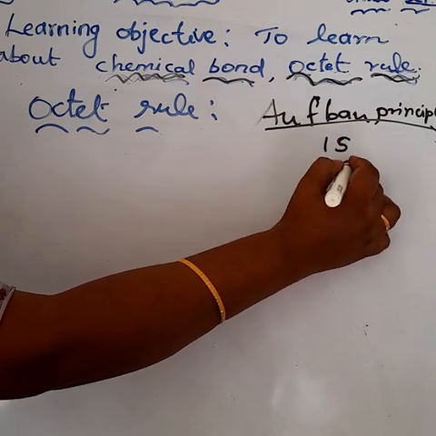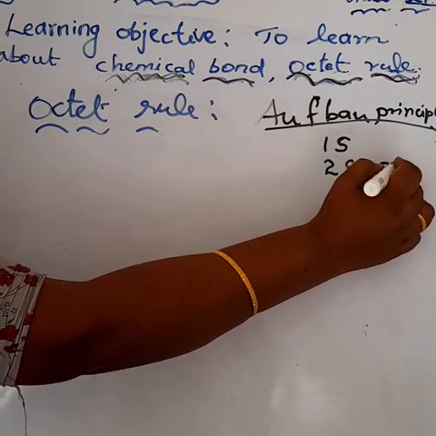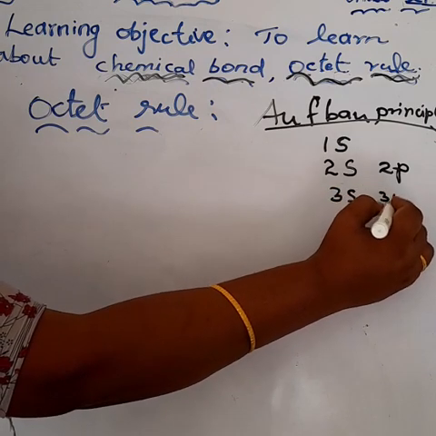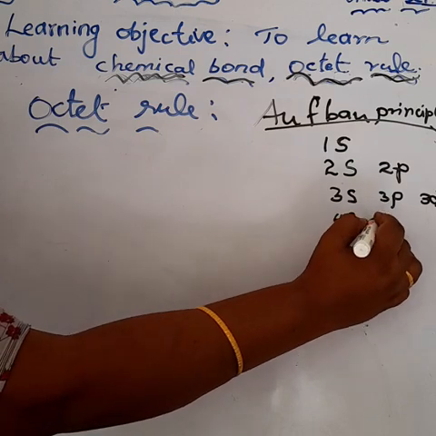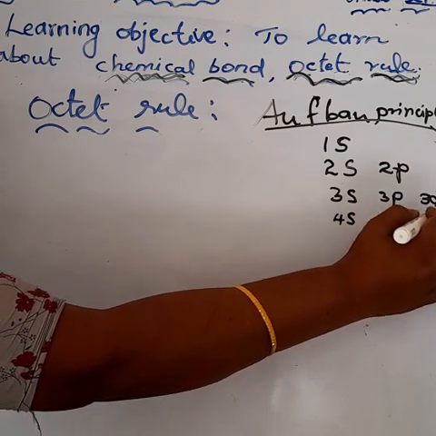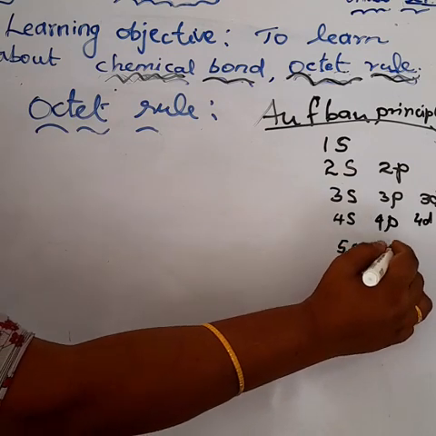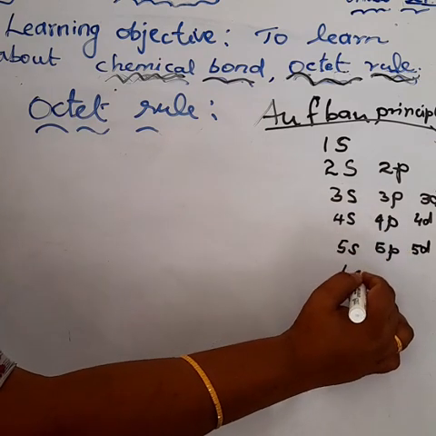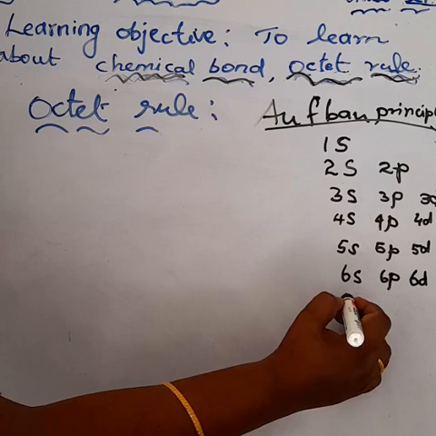How to write it: 1s, 2s, 2p, 3s, 3p, 3d, 4s, 4p, 4d, 4f, 5s, 5p, 5d, 5f, 6s, 6p, 6d, and 7s.